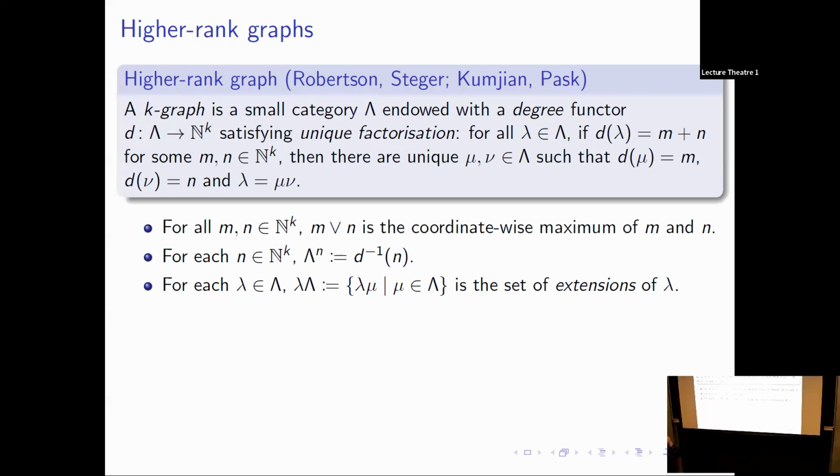And just for a bit of notation, I'm talking about k-graphs. So N^k is the range of lengths that paths may take. I can look at coordinate-wise maxima if I look at two lengths, so the join of m and n in this way.